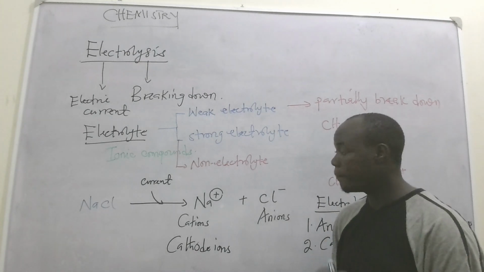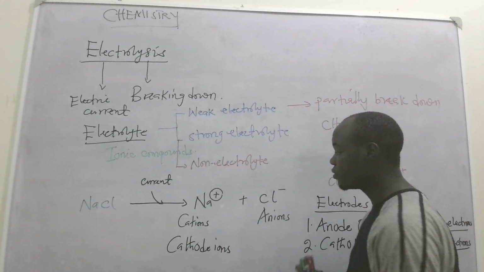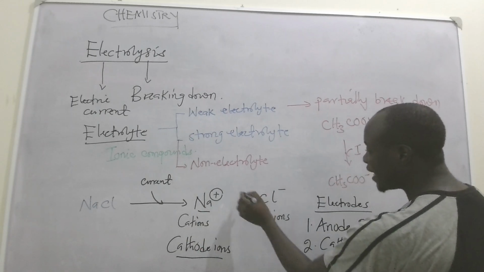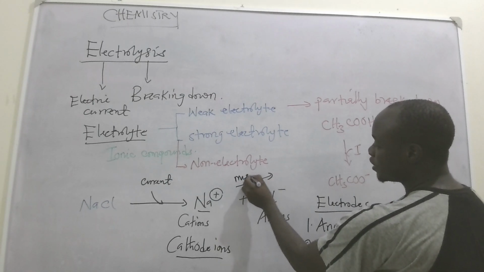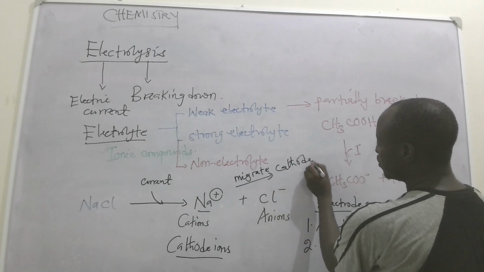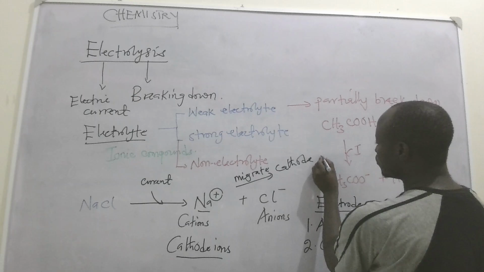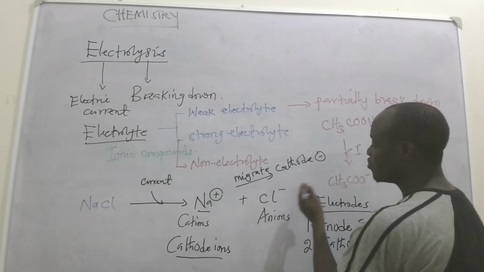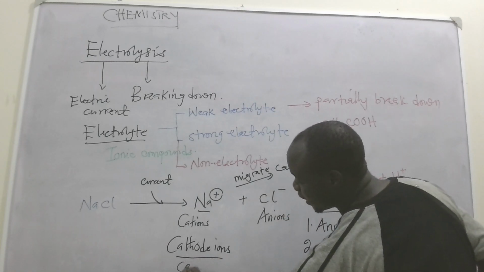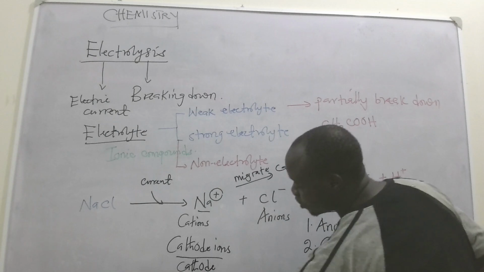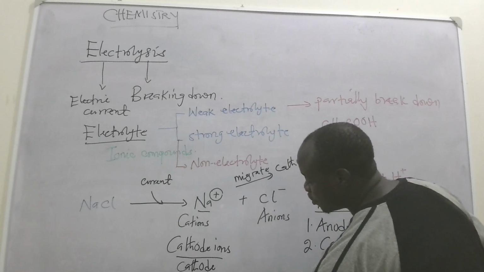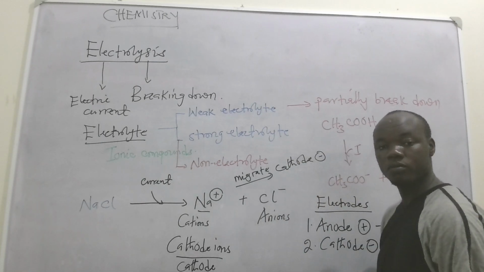They will migrate to the cathode, because in the cathode there are sufficient electrons. At the cathode, the sodium ion accepts an electron to become neutral sodium.